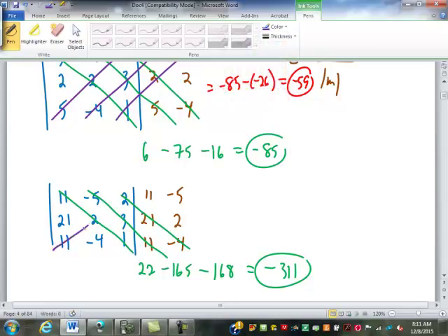Going up: 11, 2, 2 is 44. Negative 4, 3, 11 is negative 132, I believe. And 1, 2, negative 5 is negative 105, which gives us what?